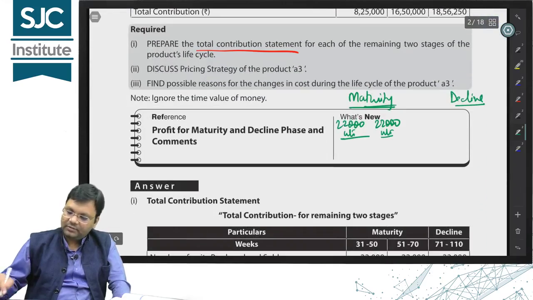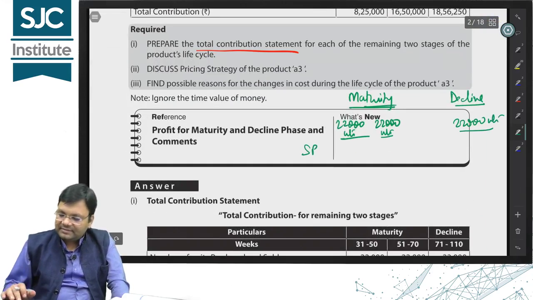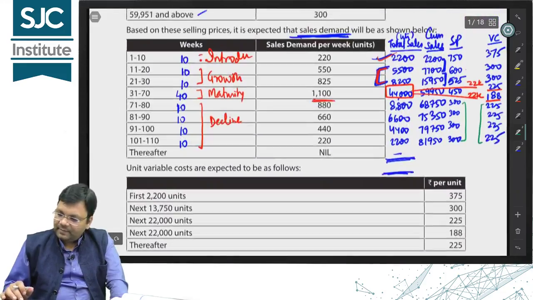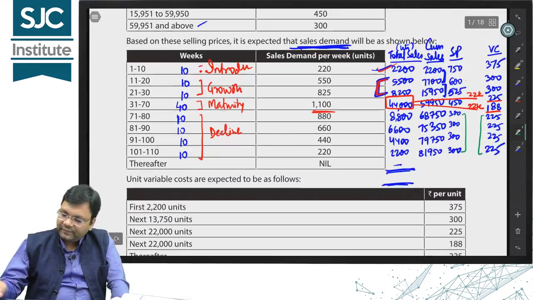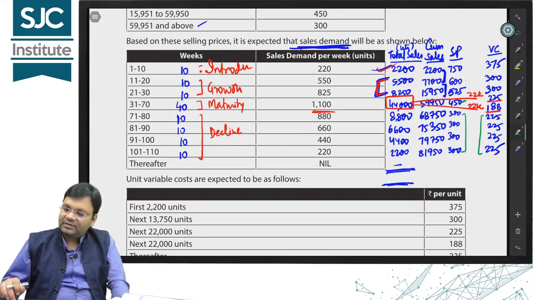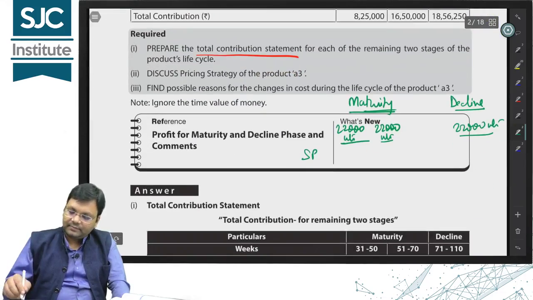It's coming to 22,000. Okay, so we have the selling price. Let us match here. Selling price for 2200 and 2200 is 450, and variable cost is 225 and 188. 22,000 and 22,000, 450 in both. Variable cost is 225 and 188.